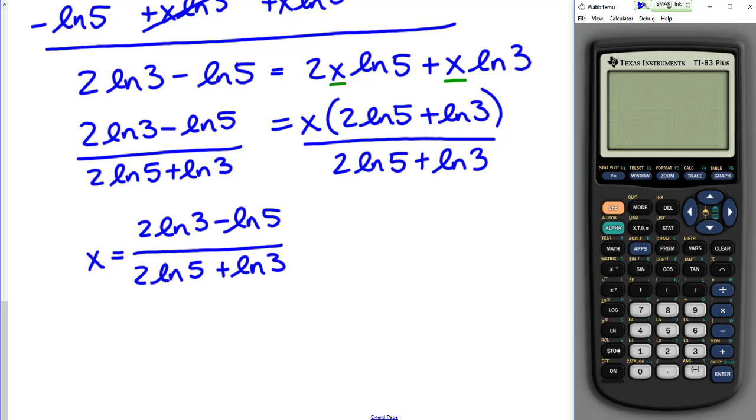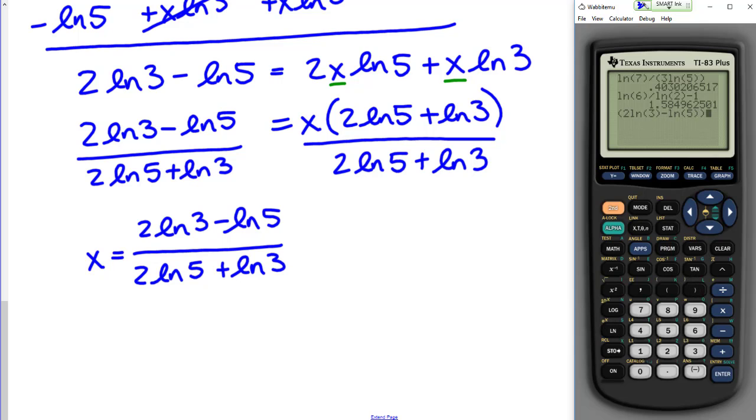In order to approximate the answer, we have to be careful with the parentheses here. So 2 natural log 3 minus natural log 5.